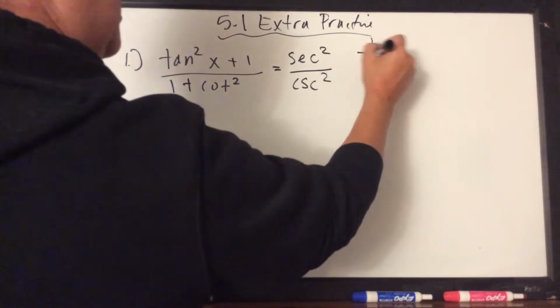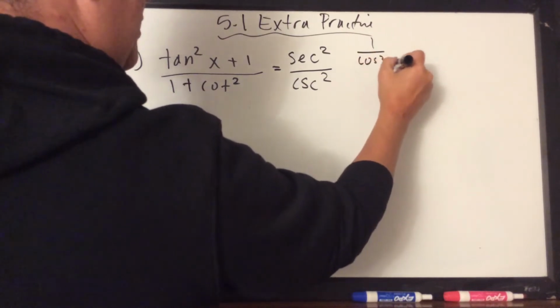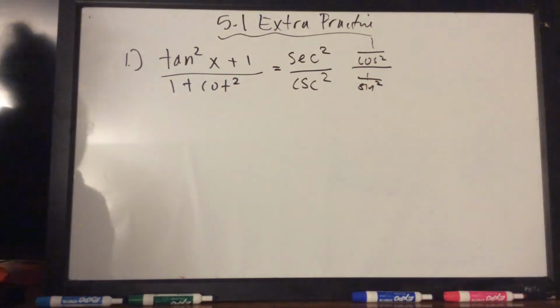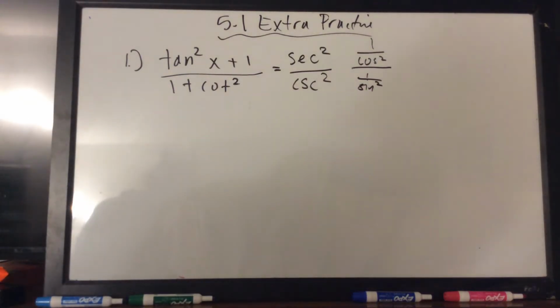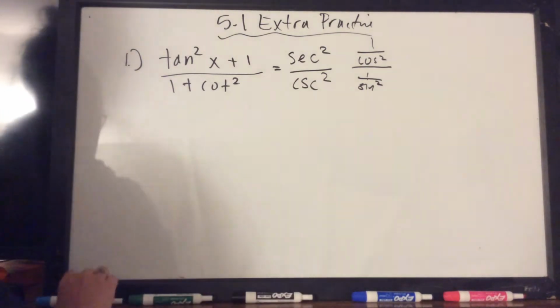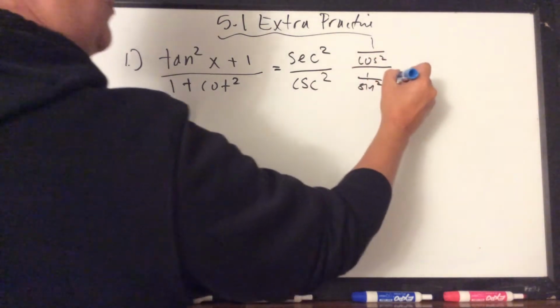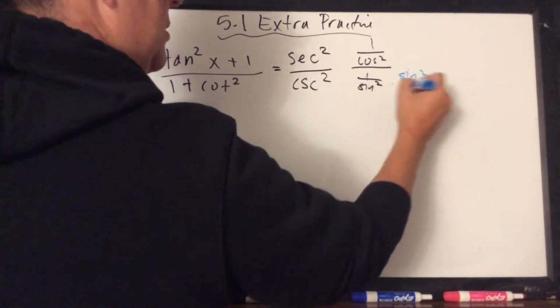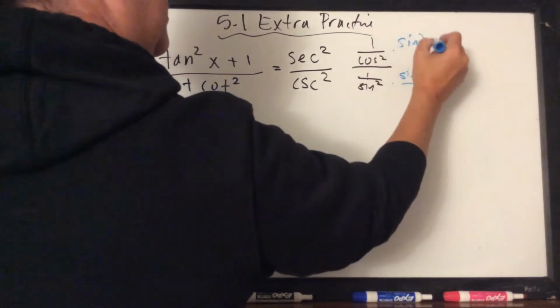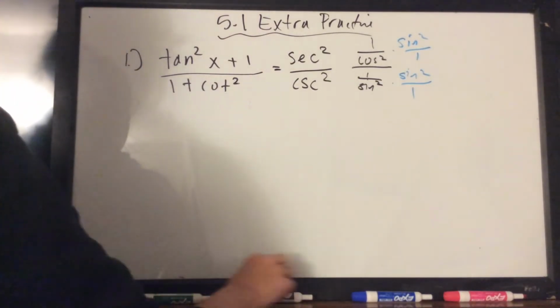The numerator is 1 over cosine squared. Denominator is 1 over sine squared. Okay? So we got that. Now we want to multiply by the reciprocal, sine squared over 1 on the bottom, sine squared over 1 on the top.